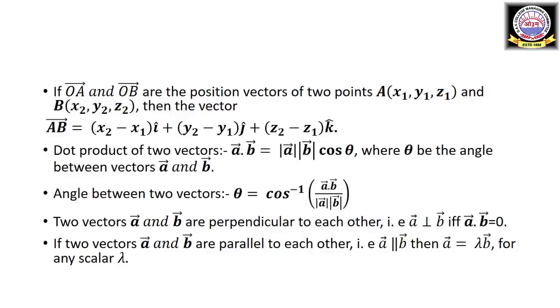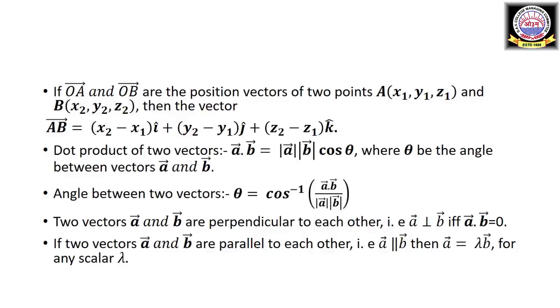And from the dot product we can find the angle between the two vectors. That is a very important point to study 3-dimensional geometry. If theta is the angle between two vectors A and B, then cos theta is equal to A dot B divided by |A| into |B|.